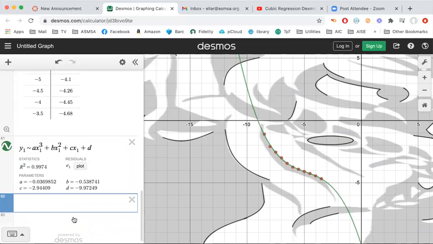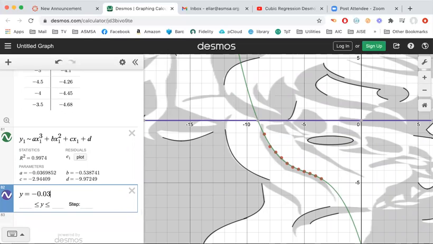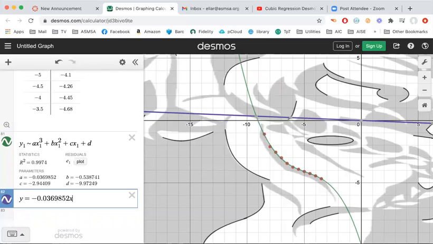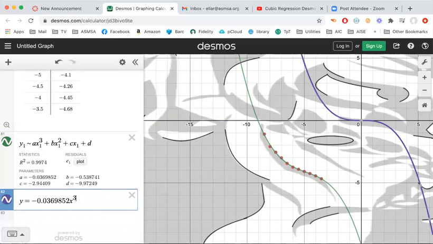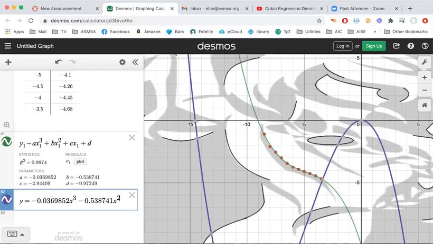So now I'm going to go down here and write in my equation. Y equals negative 0.036985 x to the third, minus 0.538741 x squared.